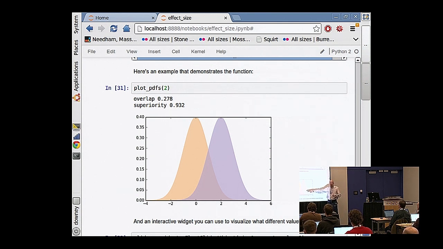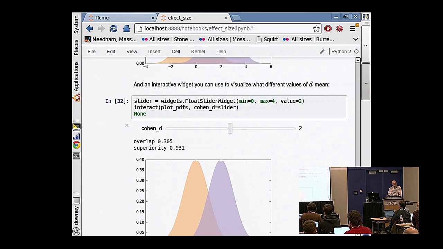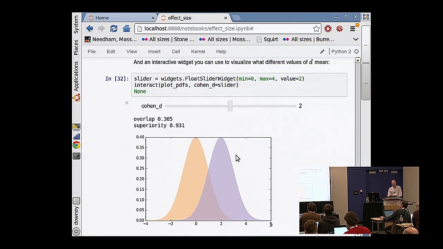So part of the goal here is to get you calibrated so that if you see somebody report d, you'll know what that means. So 2 means this amount of separation between the two distributions, and if the interactive widget is working for you, you should be able to grab the slider and try out different values of d. So that's what 2 looks like.